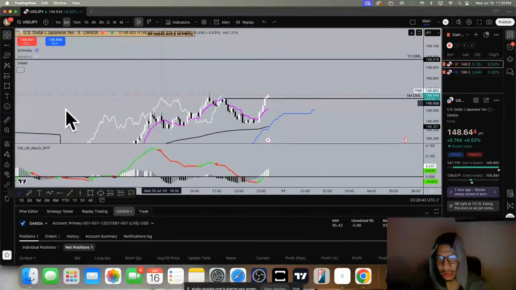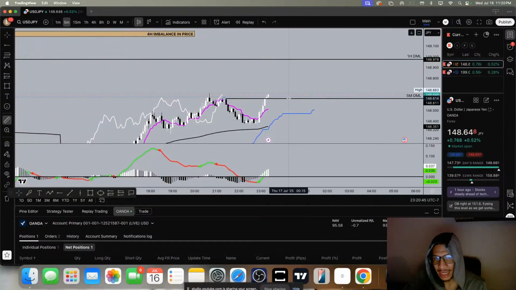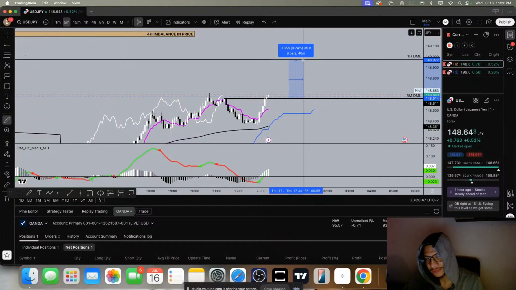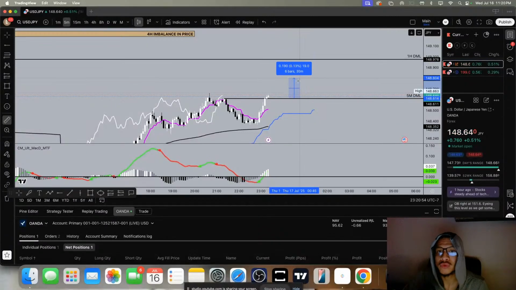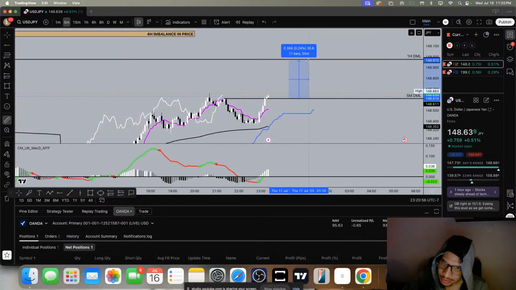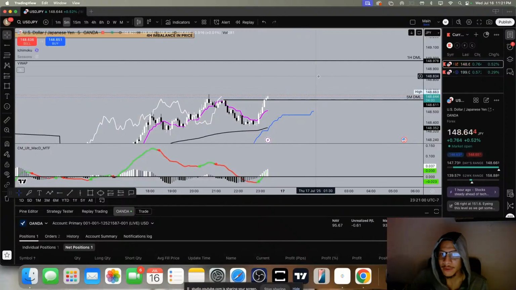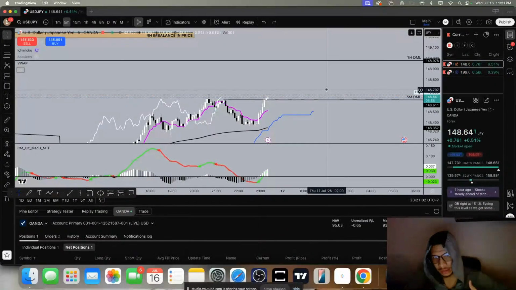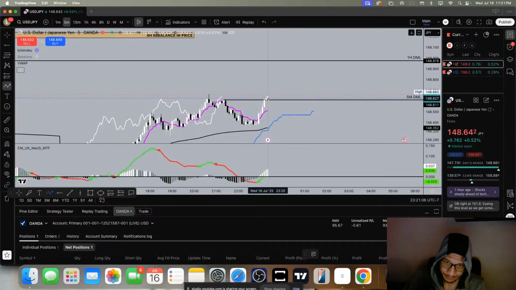There's that UJ break, but this is the entry that I said I was not going to take because it's not enough movement for me. It's not enough space for price to move. 37 pips, 36 pips. Don't get me wrong, that's good movement, but it increases the risk on this trade for me, because what could happen is price will do this.